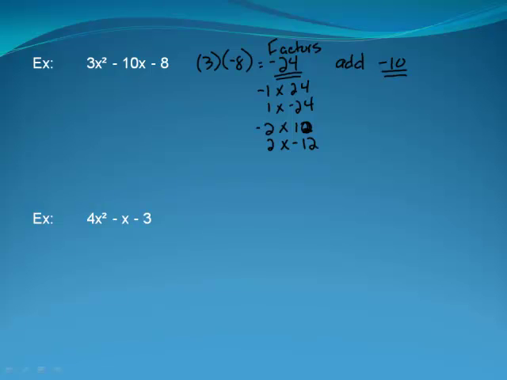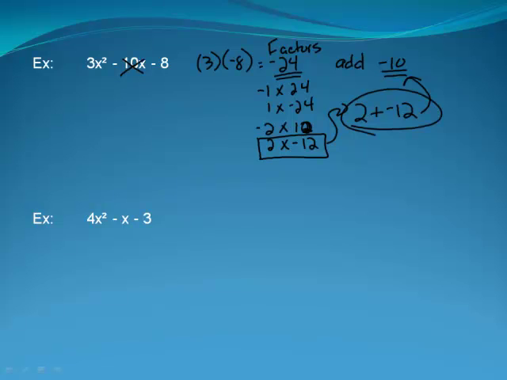But when you add those, you can see that although one of them doesn't give you negative 10, the other one does. Here, 2 times negative 12 is negative 24, and when you add that pair, 2 plus negative 12 is negative 10. So there's our two factors.